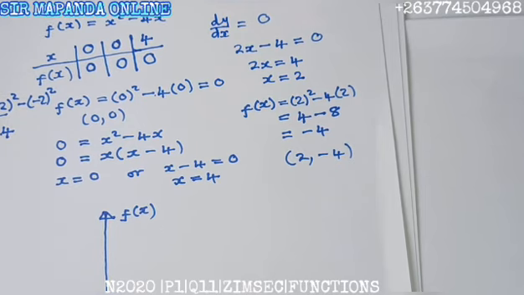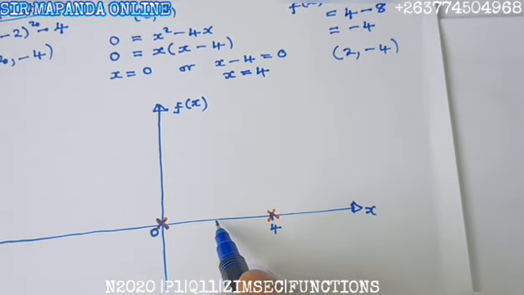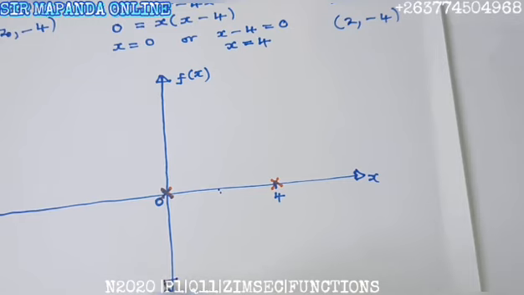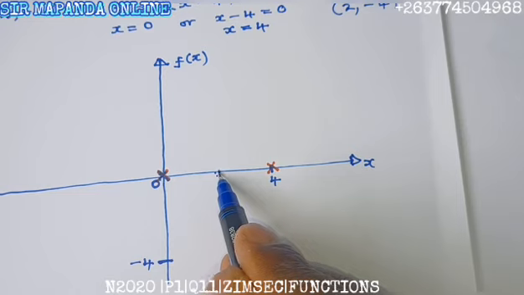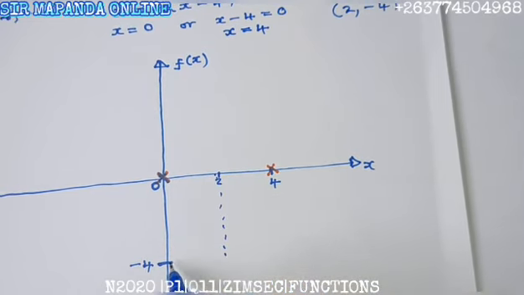So let us plot 2 and minus 4, right? So 2 is between 0 and 4. Let's say this is minus 4 here and this is 2 here. Where 2 and minus 4 meet, we are going to have our turning point. So this is the turning point.